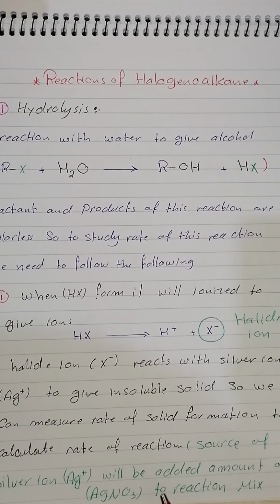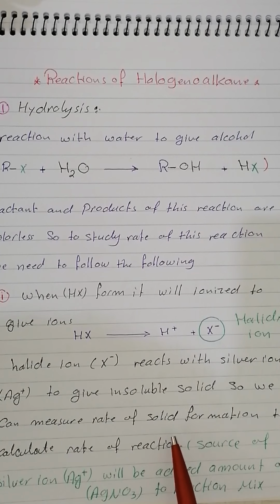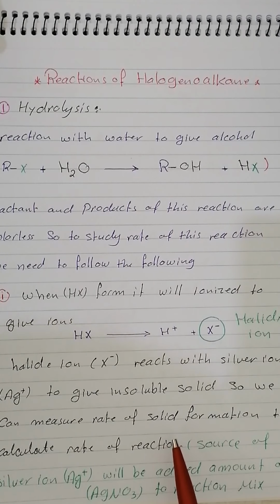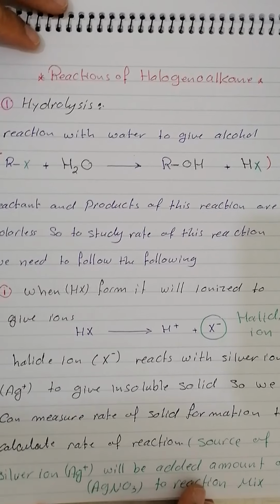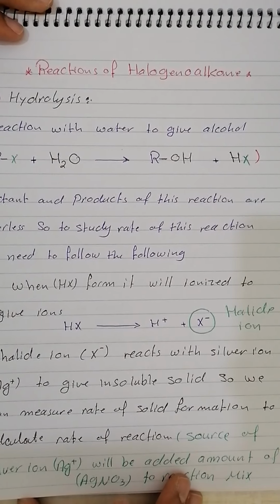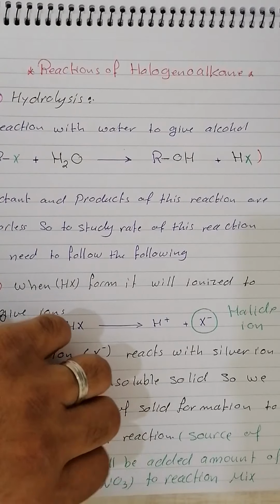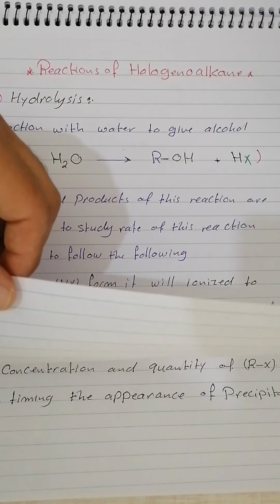We can calculate the formation of this solid and its rate of formation, and then we can measure the rate of reaction. Of course, the source of silver ion will be an added amount of silver nitrate to react with the mixture. This is one of the important points about our syllabus in this topic.